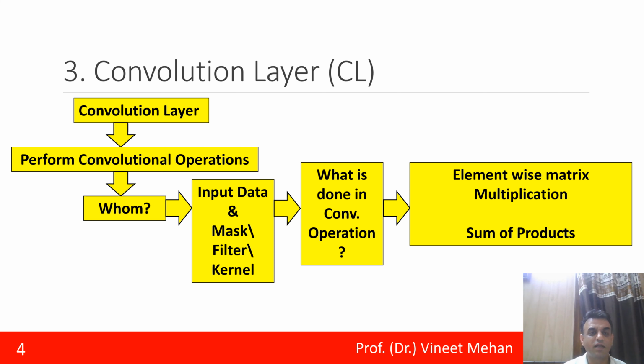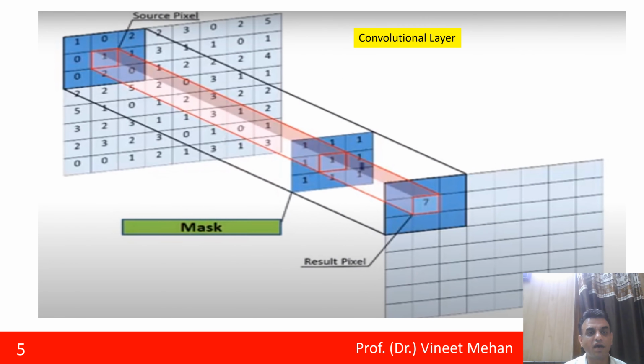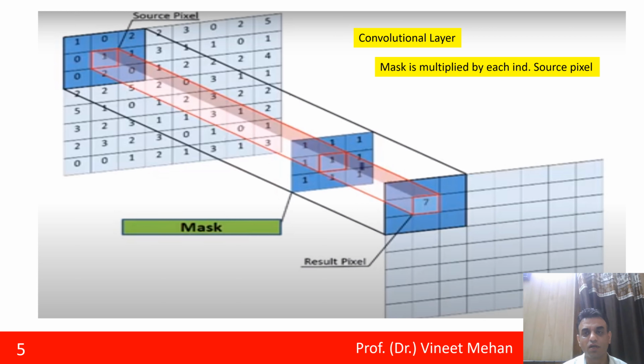How does that work? Let us see this image where we have the original image in the form of source pixels that are there in a particular image. So a 3 by 3 grid is taken from the source pixels, and then it is multiplied by a mask, and the output that is generated is 7. Now how have we reached here? The mask is multiplied by each individual source pixel.